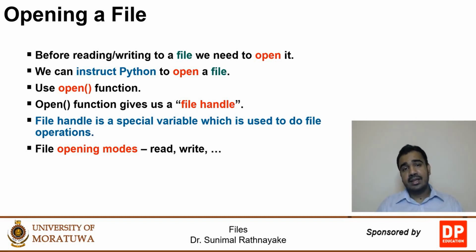A file handle is a special variable that links our Python program to the file and helps us perform various file operations. While opening files, Python allows us to specify a file opening mode, which indicates the purpose of opening the file. For example, we can tell Python that we want to open a file only for reading, for writing, or for both reading and writing.